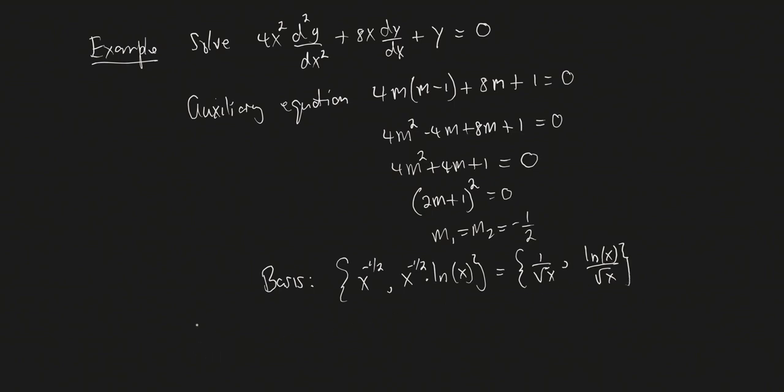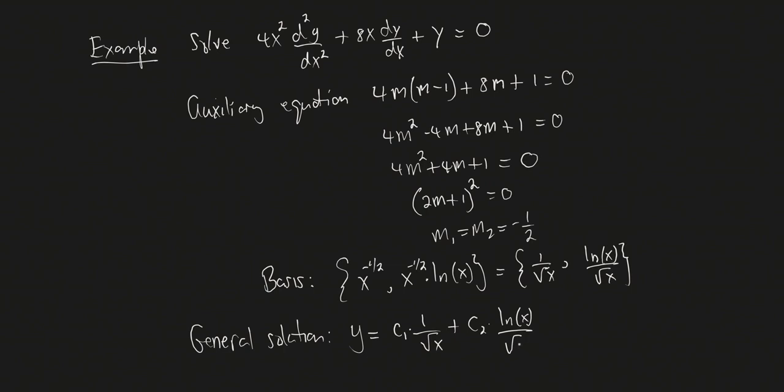And then let's write down our general solution. So our general solution is now all the possible linear combinations of these two functions. So y is equal to c1 times 1 over root x plus c2 times the natural log of x over root x.